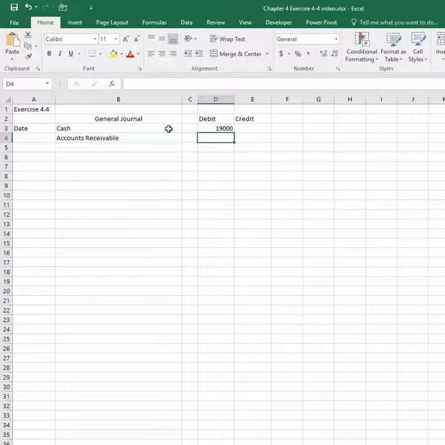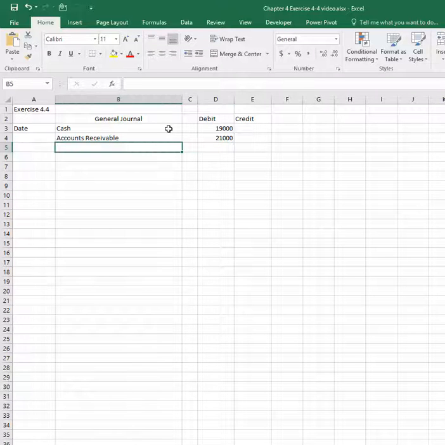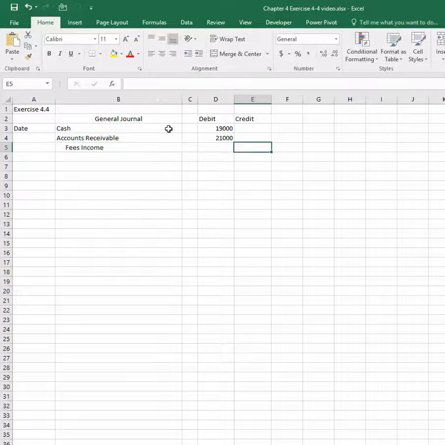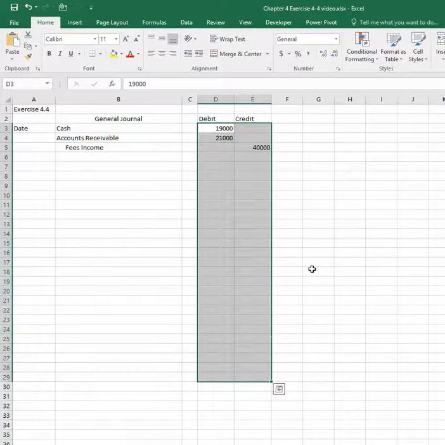And let's see, it was $40,000 minus $19,000 is $21,000. All right, and then our credit would be fees income. Oops, I need to indent that. $40,000. And I haven't set this spreadsheet up for appropriate formatting quite yet, but we'll get that done.